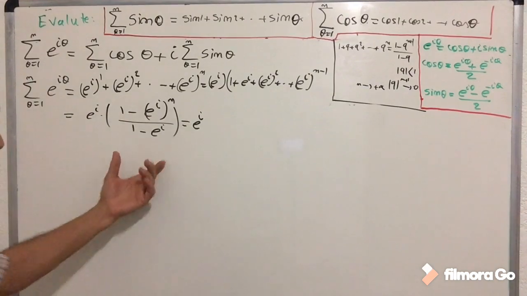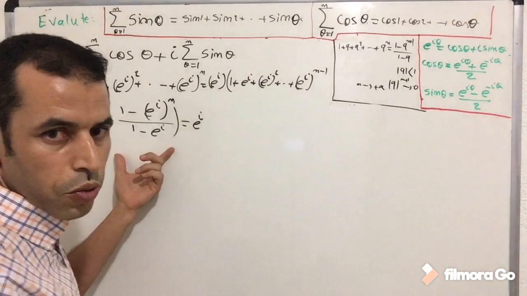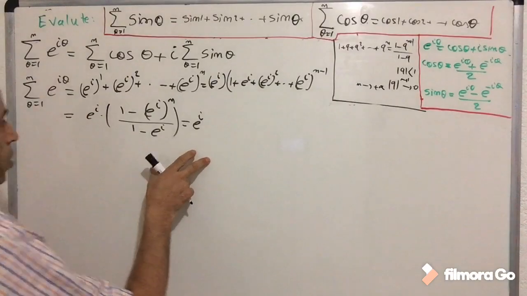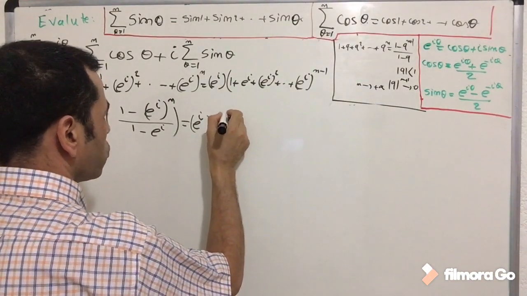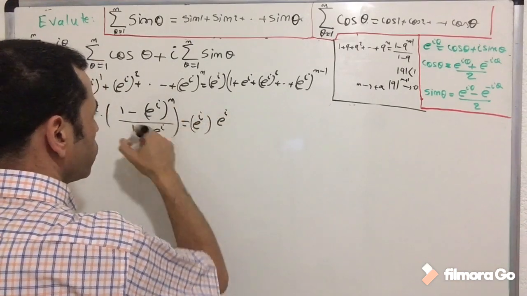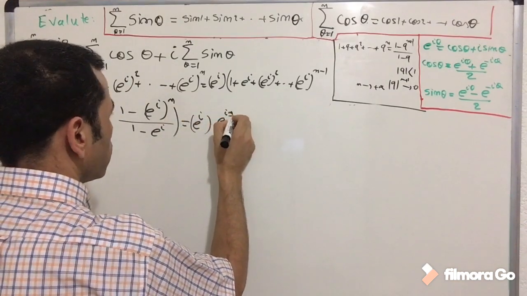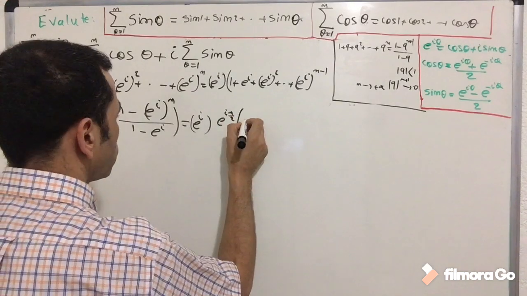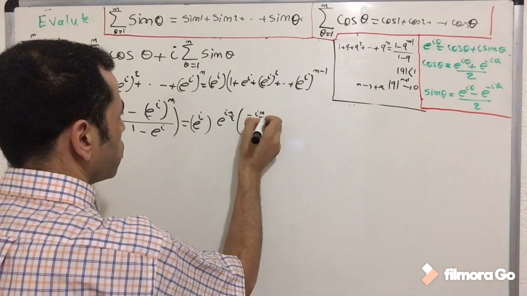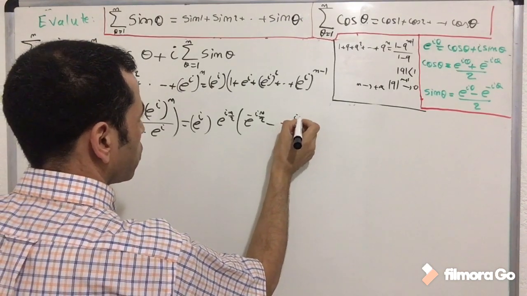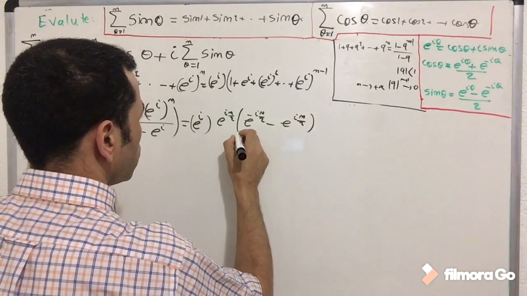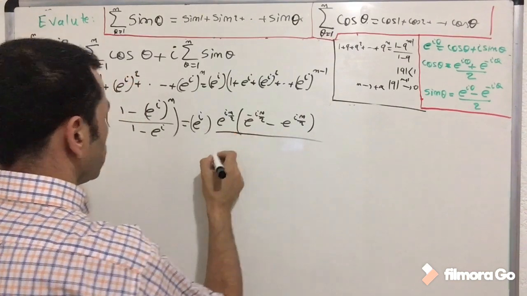I will explain it in a little bit, okay, in one second. So exponential i, let's factor this one. I want to play around a little bit here, exponential minus i n over 2 minus exponential i n over 2. Let's factor on the bottom as well.